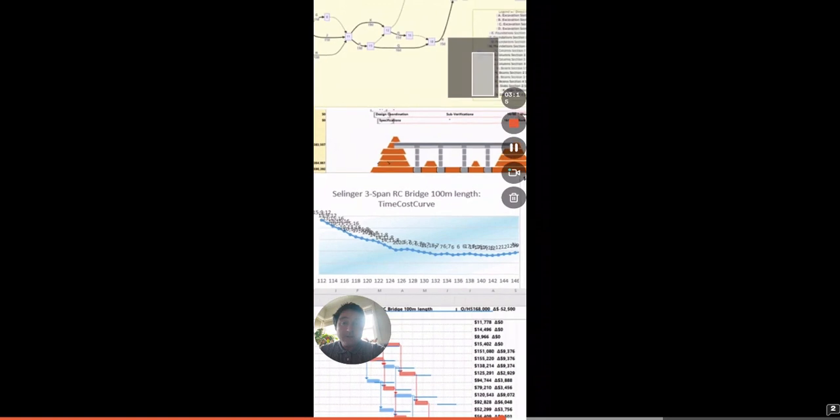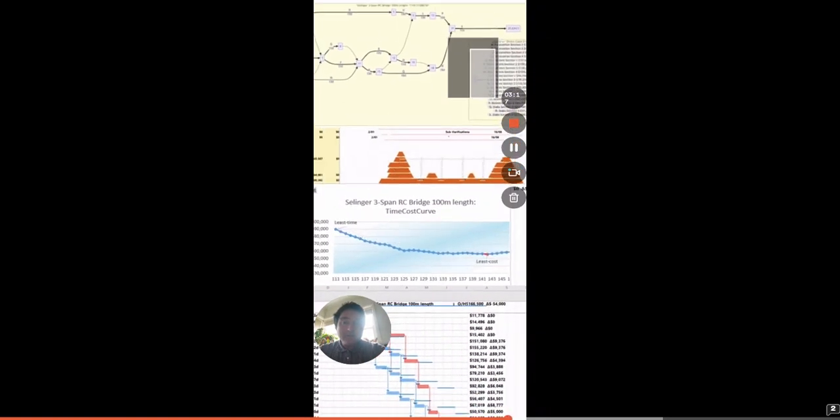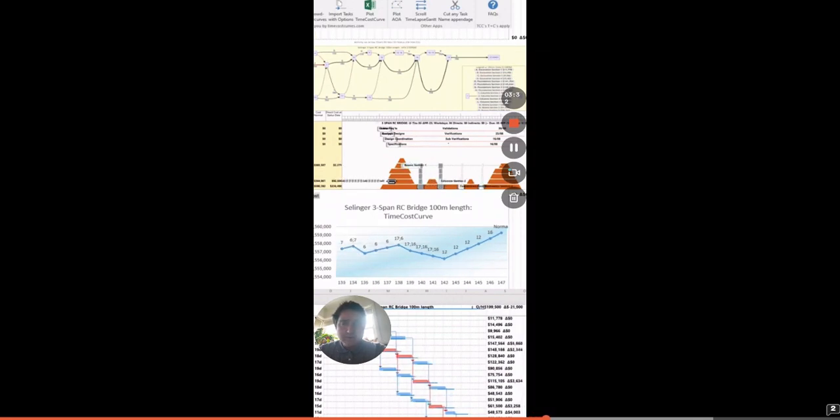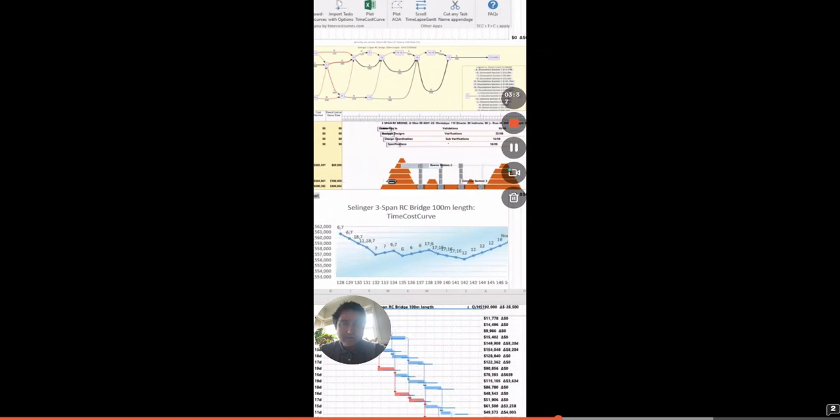And the next main feature is the time cost curve. This solves the time cost problem, which is actually the original problem that CPM was developed to solve. Of course, it's still the same planning problem, which everyone wants a solution to, namely how you're going to do the project, when it's going to finish, and how much it is going to cost.